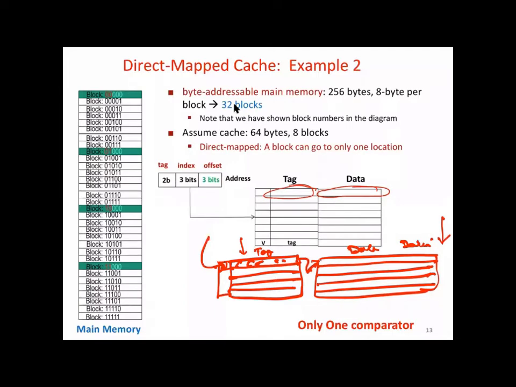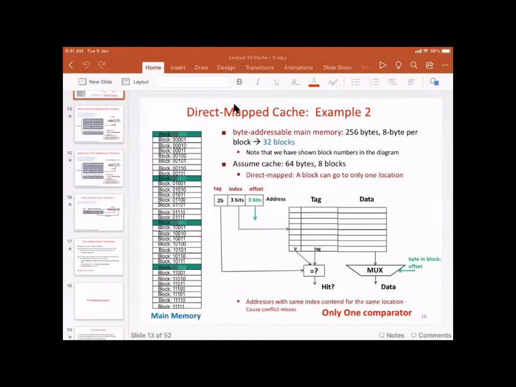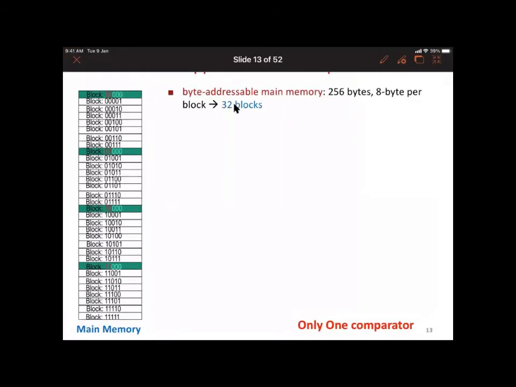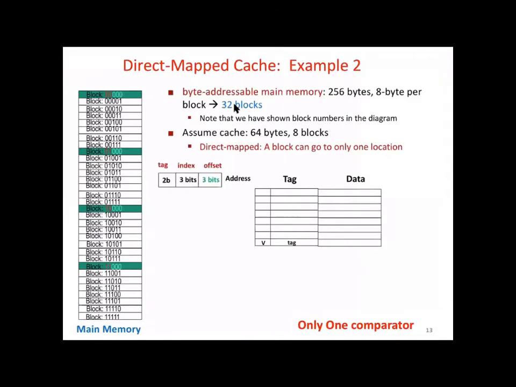All right, so let's come back. This is the one. So we can see that using the index we can first go to the tag, take out the tag entry, and if it matches with the tag bits here, then we have a hit, and then correspondingly we can read the appropriate byte.